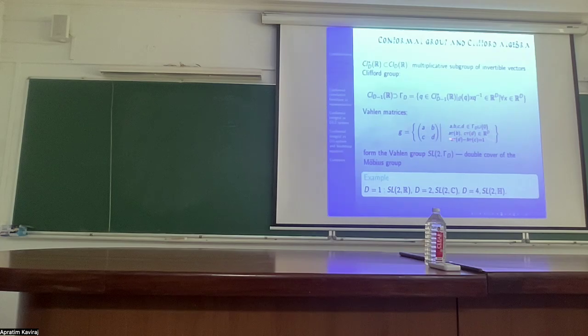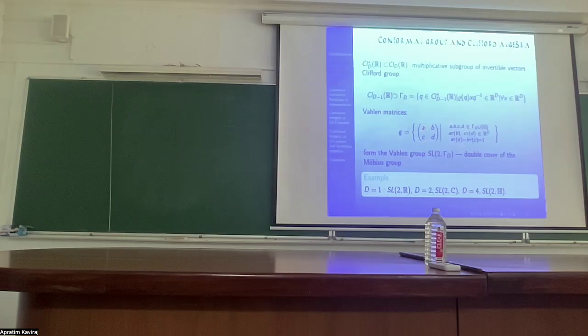And there's this condition, which generalizes the AD minus BC equal to 1. So A tau D minus B tau C is equal to 1. So sometimes this is called the Vahlen group, sometimes the Clifford group, whatever. So we know what we are talking about.